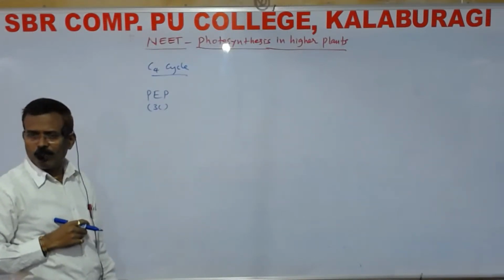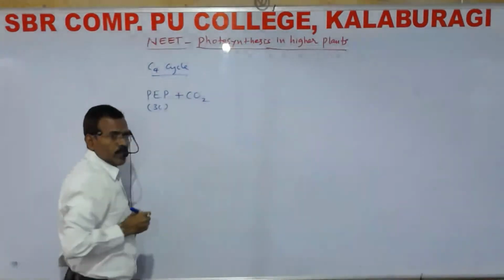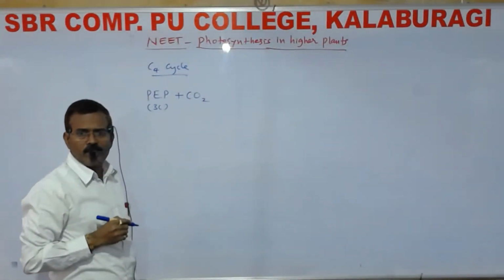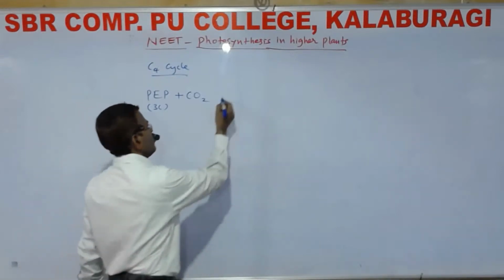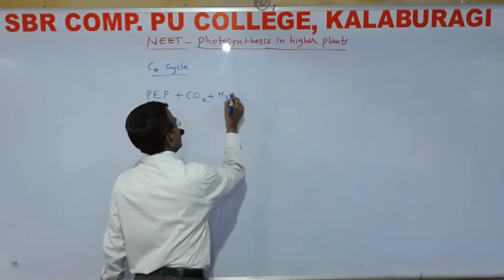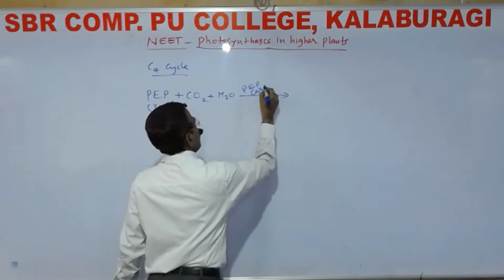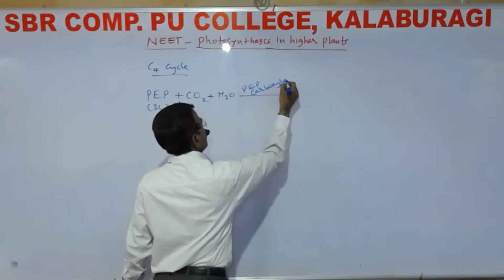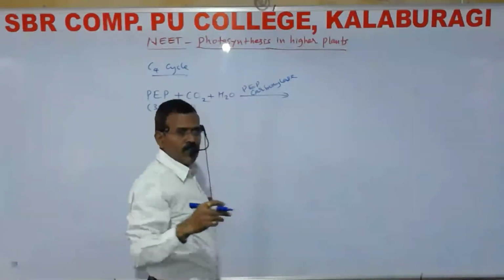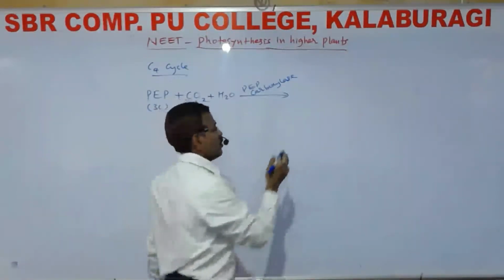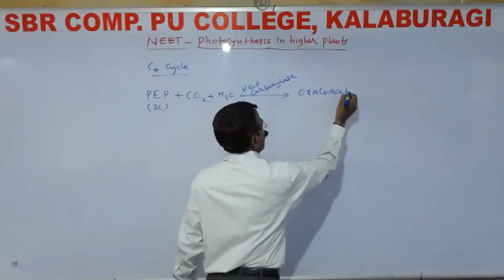This phosphoenol pyruvic acid will fix the carbon dioxide in the presence of the enzyme PEP carboxylase, phosphoenol pyruvic carboxylase enzyme. You will see the first stable compound formed, that is oxaloacetic acid.